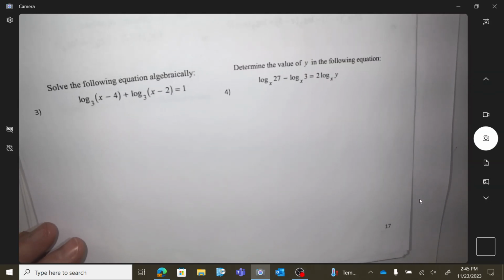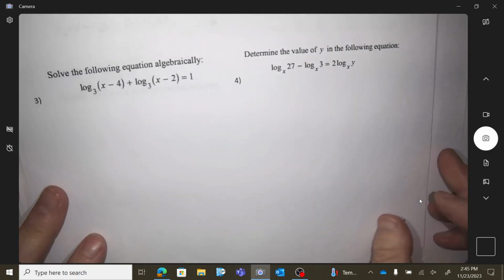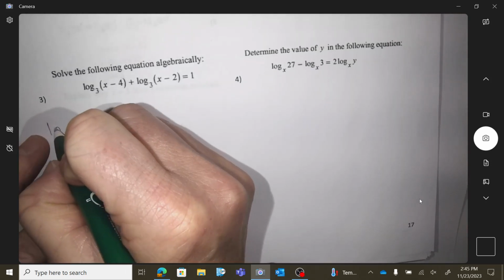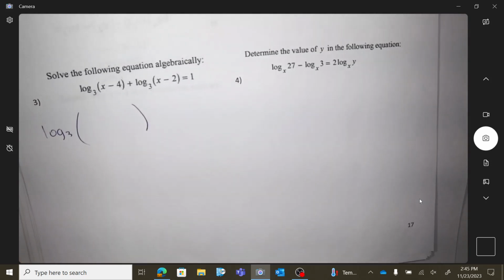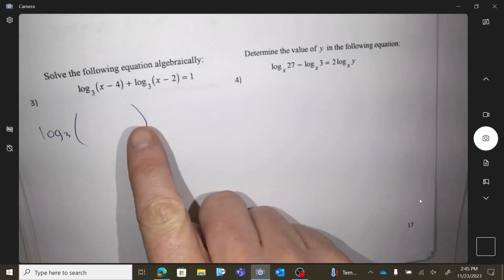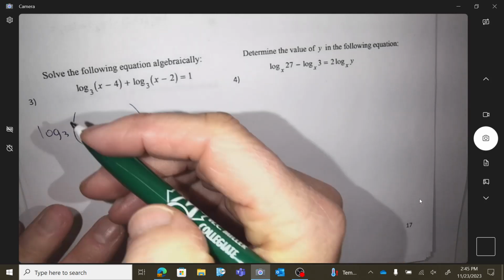Okay, so I'm going to do this one, number 3 and number 4. Okay, so this is a log. So what am I going to do? I'm going to glue it back together. So there were 2 items separated by addition.